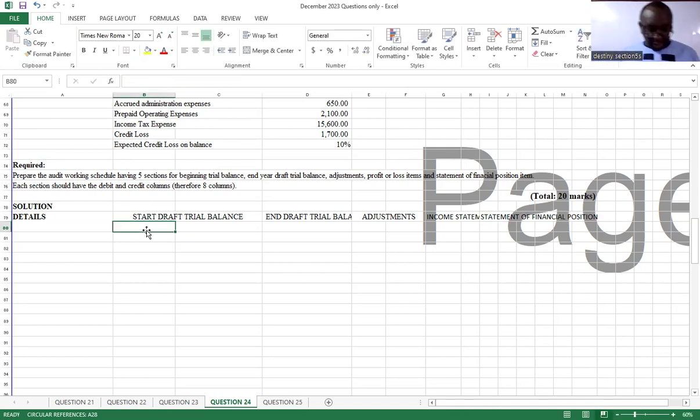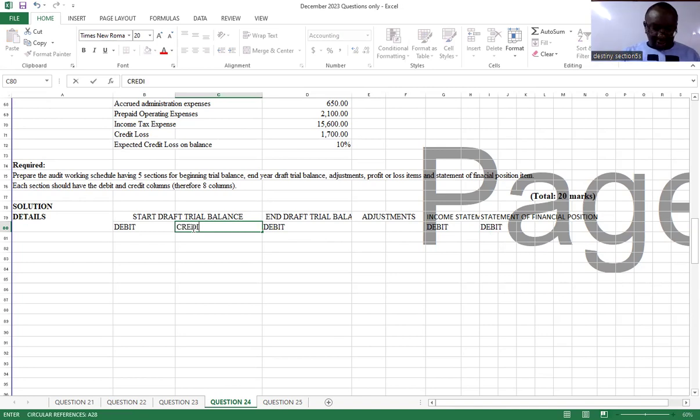Okay. Then here I have debit, and this debit through copy, come and paste there, come and paste there. Then we have credit.